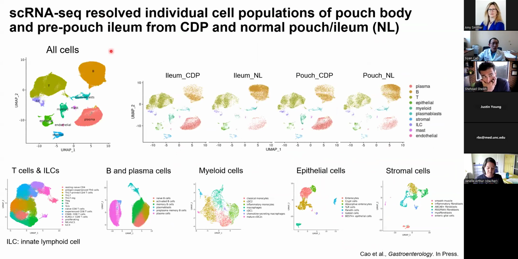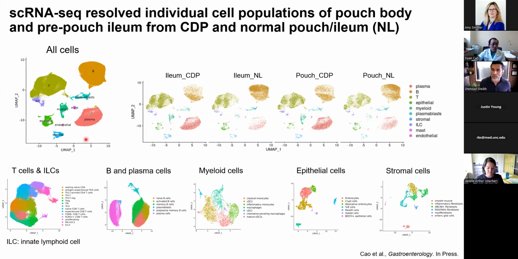First, we used single-cell analysis to resolve the different cell populations from the pouch body and pre-pouch ileum. We identified 5 major cell populations, including T cells and innate lymphoid cells, B cells and plasma cells, myeloid cells, and epithelial and stromal cells.